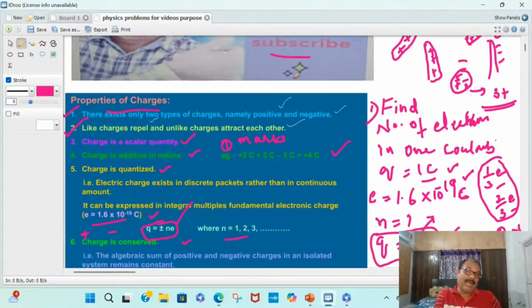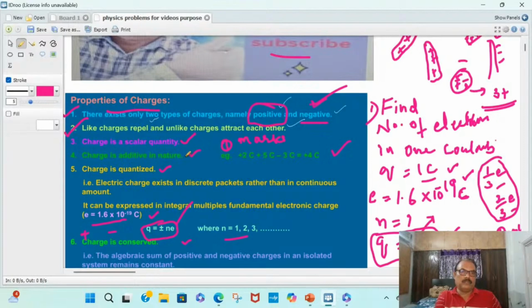Why are only electrons added and removed? Because electrons are easy to transfer. Protons are bound in the nucleus and cannot be added easily. That is a scattering experiment topic, not covered here. So simply adding electrons makes it negative charge, simply removing electrons makes positive charge, as I explained earlier.